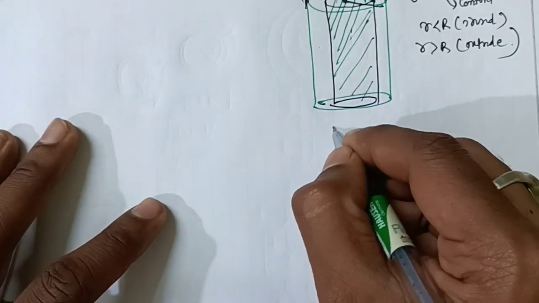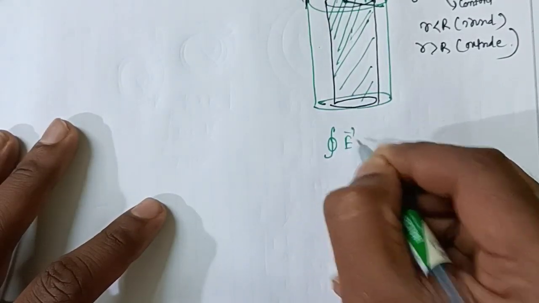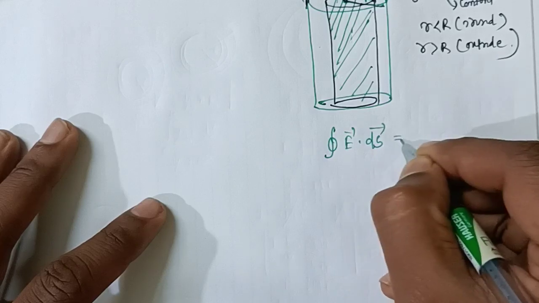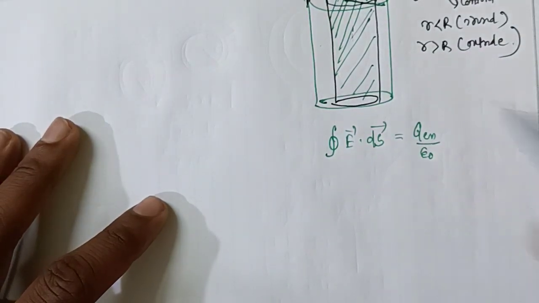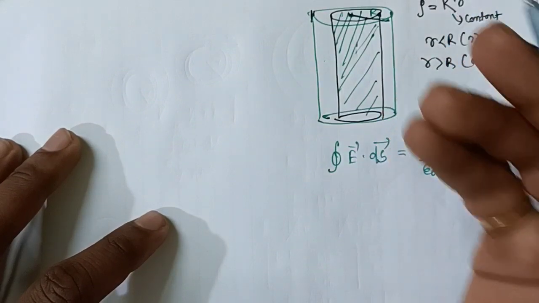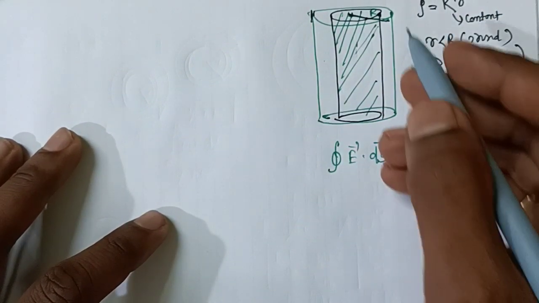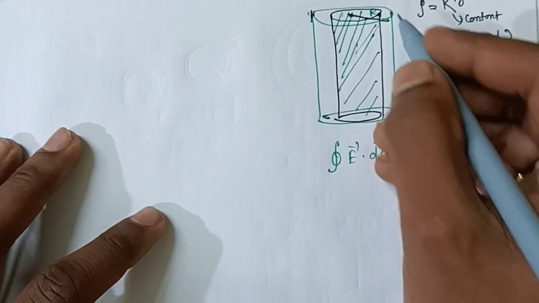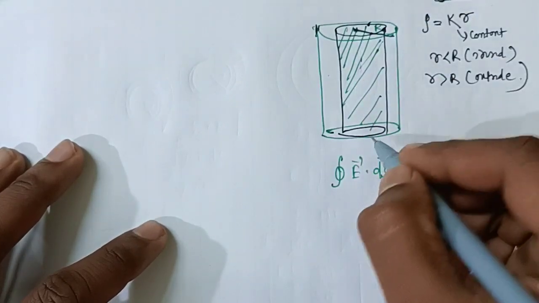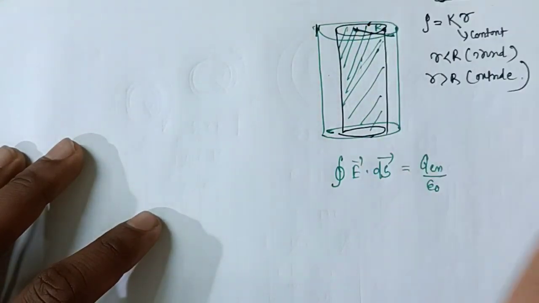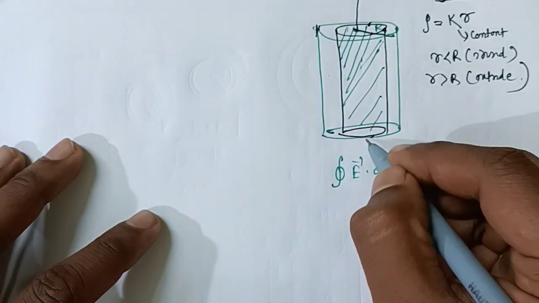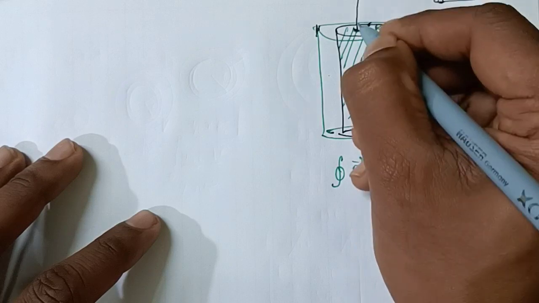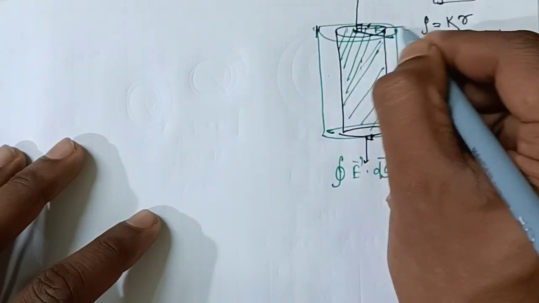So I will simply write my Gauss law, that is E dot dS is nothing but q enclosed upon epsilon naught. Here if you observe carefully, how many surfaces? One is flat surfaces, another one is curved surfaces. For the flat surfaces the area vector will be like this, always perpendicular to the plane, but the field lines will be like this.